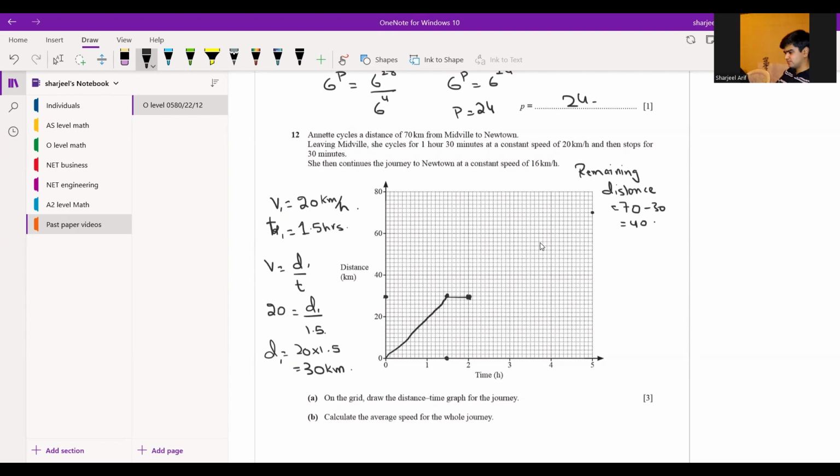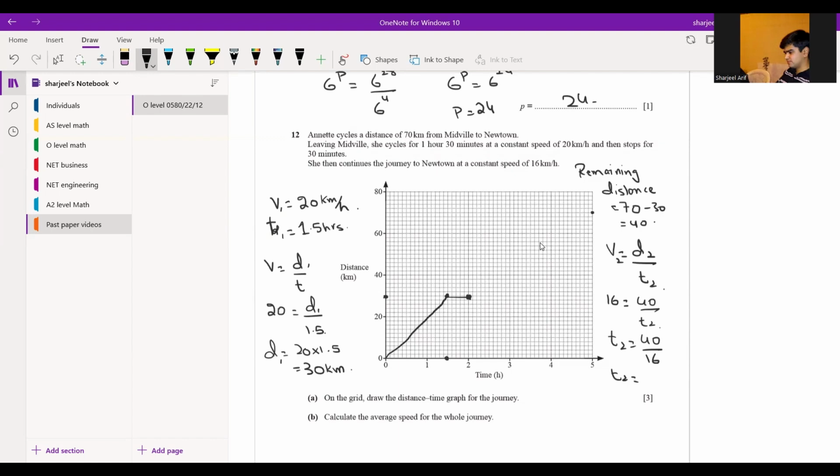So we have to find the time. We will use again the equation of speed is equal to distance over time. So this will be d2 over t2. 16 equals 40 divided by t2. We need to find the time in hours and minutes.